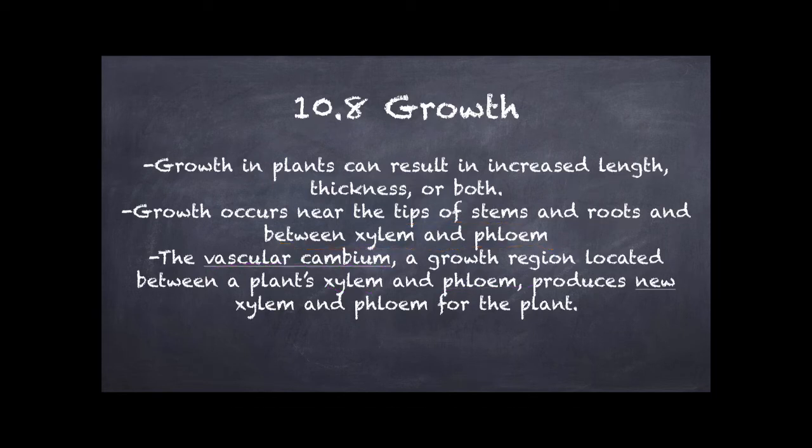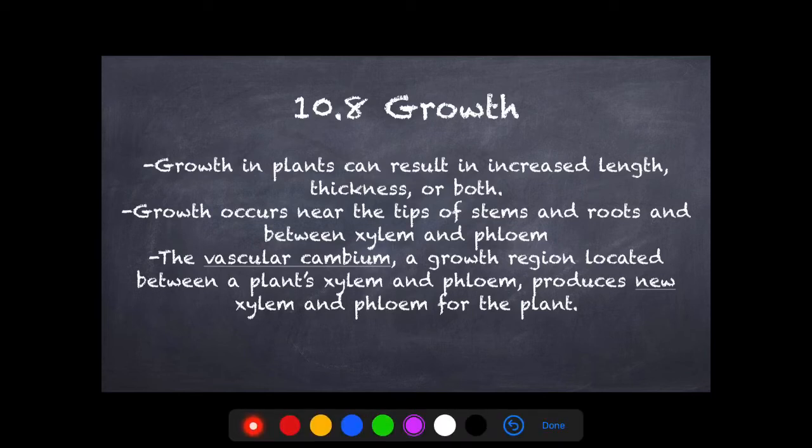So if you remember when we talked about the bark, we also talked about the cambium. And that was also an area where mitosis was happening so that we could have new cork cells grow and then be pushed out. So the same thing with this vascular cambium. This is located, like I said, between the xylem and the phloem, and it's producing new xylem and phloem for the plant.